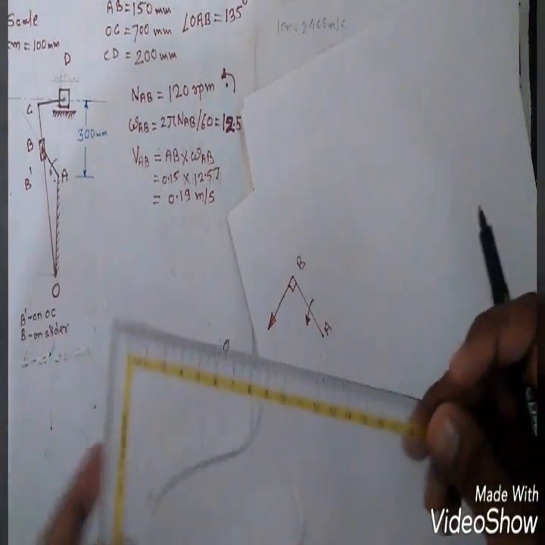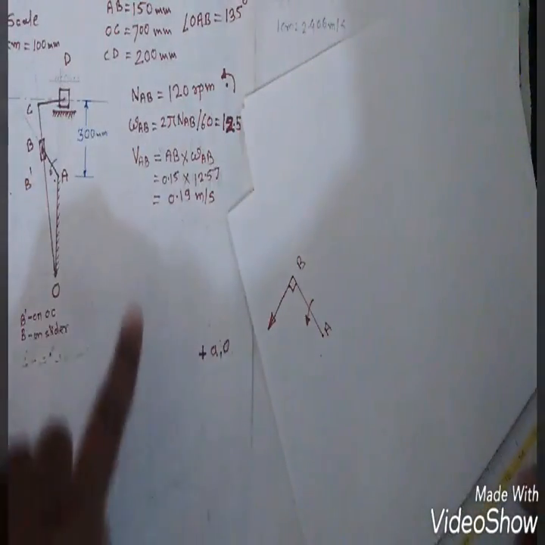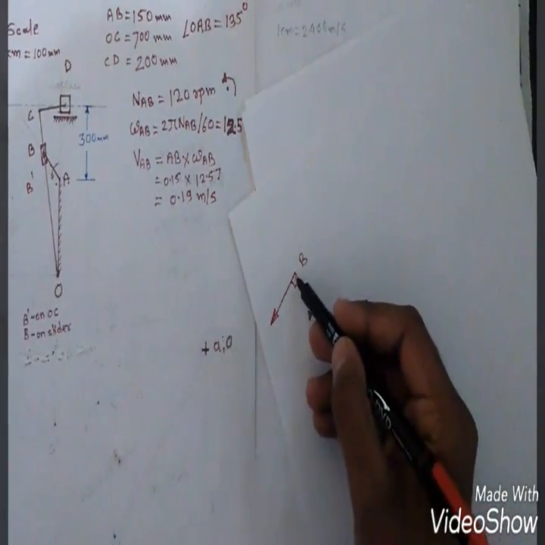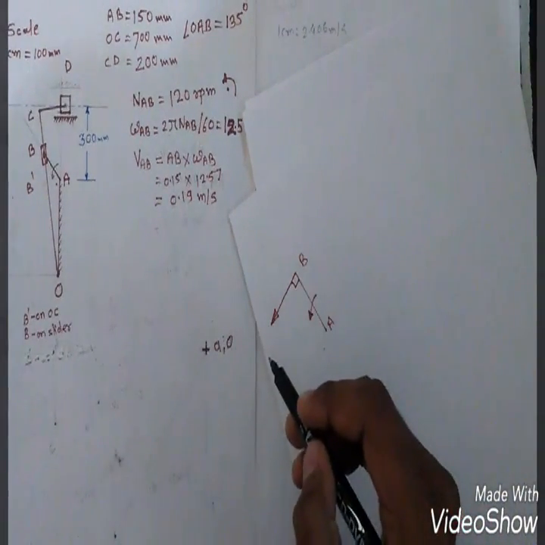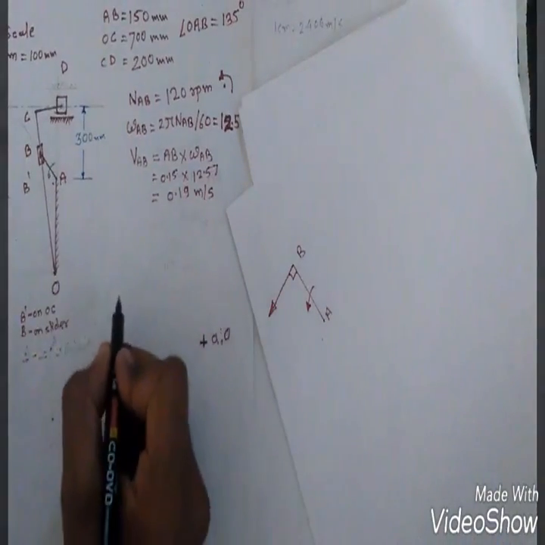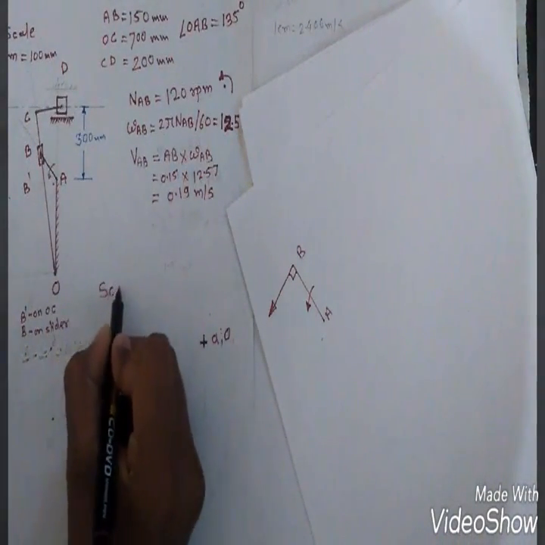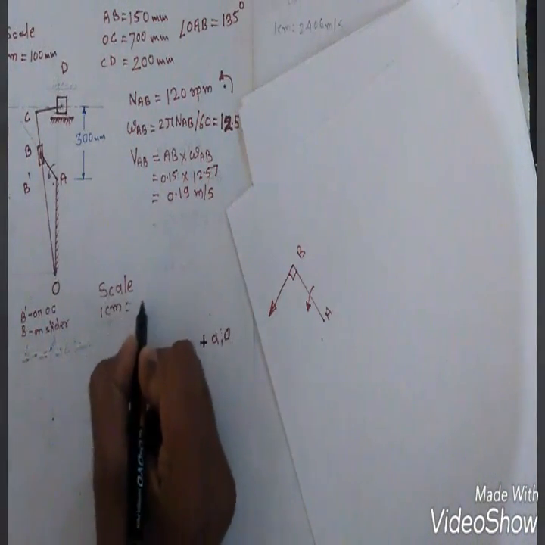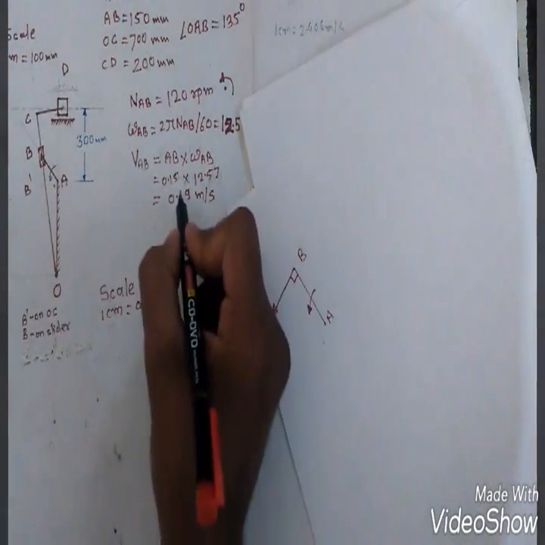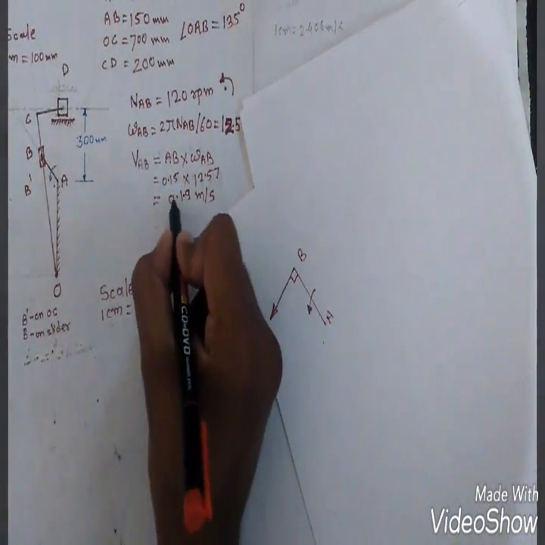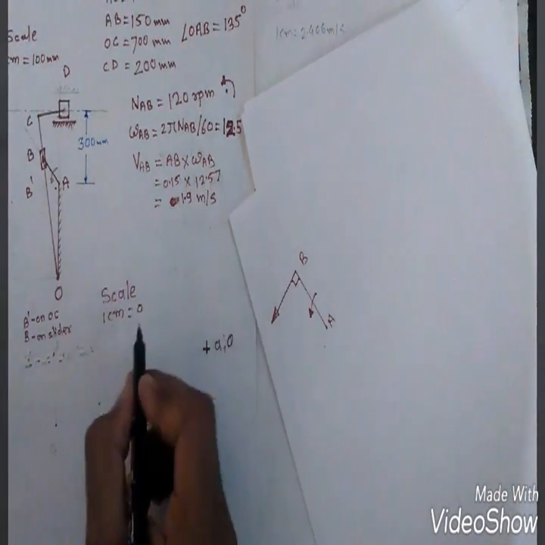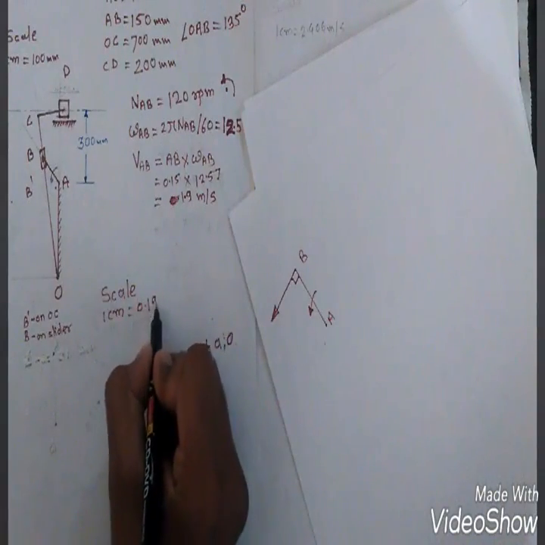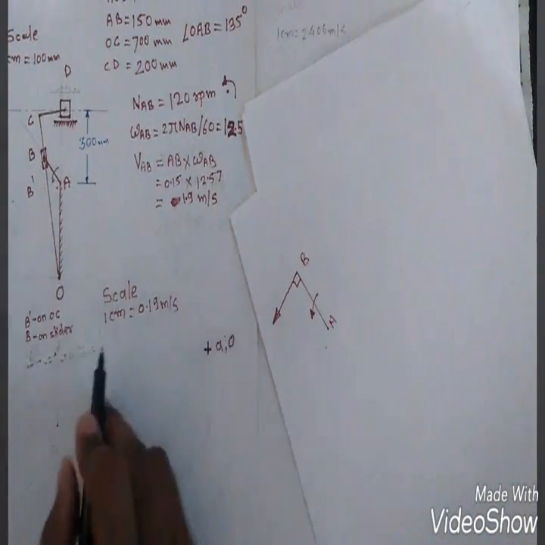Therefore we can draw the first vector with a suitable scale and in this direction. For this purpose I will take a scale 1 centimeter equal to, sorry, here the calculation is 1.9 meter per second. I will take scale 1 centimeter equal to 0.19 meter per second.